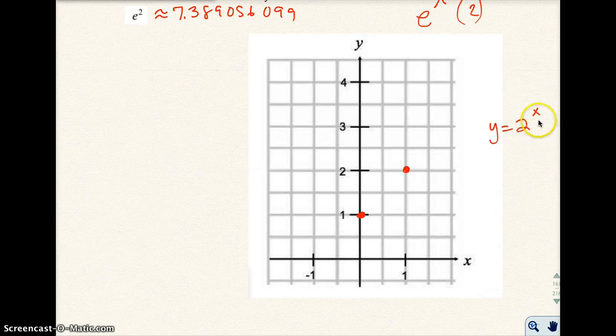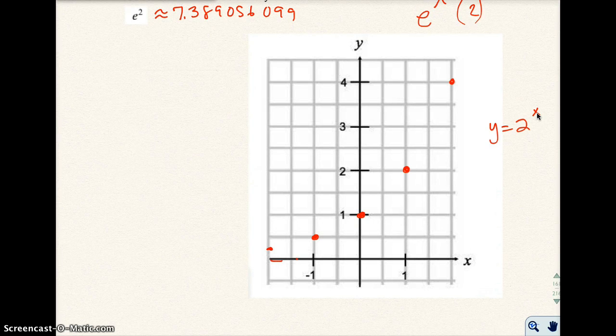I put in 2 in here, I get 4, so 2, 4. I put in a negative 1 in here, I get 1 over 2 to the first, which is 1/2. If I type in negative 2 in here, it'll give me 1 over 2 squared, which is 1 over 4.